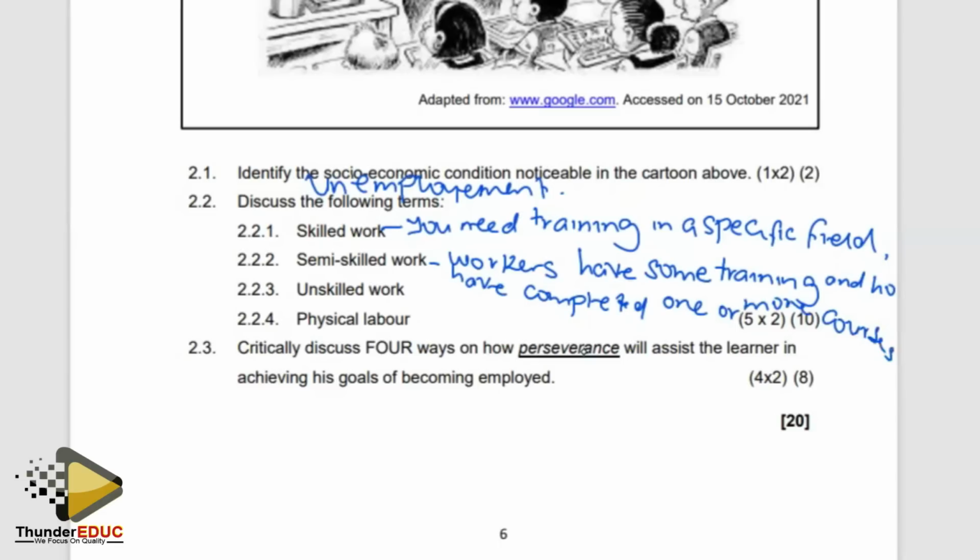Then with unskilled work, you have work experience but no formal training.